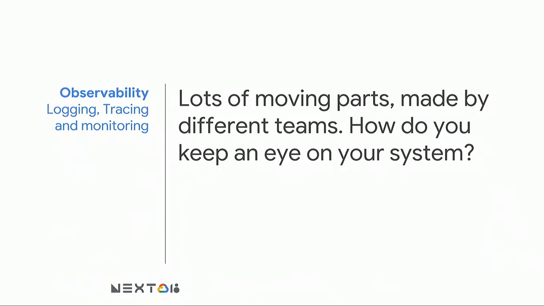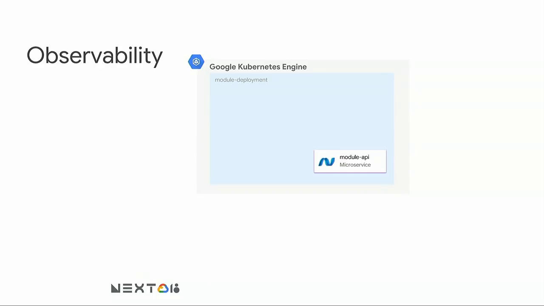Next, observability. As everything is scattered around, make sure that your system is observable. In a single application it's a bit simpler, but luckily, Google has the Stackdriver suite. You probably saw yesterday that there were some nice announcements here, so that's very good.